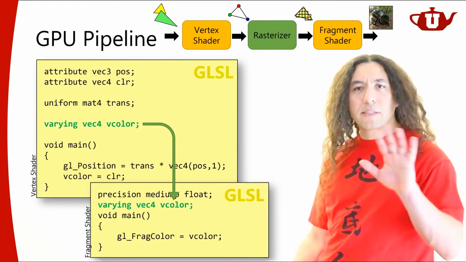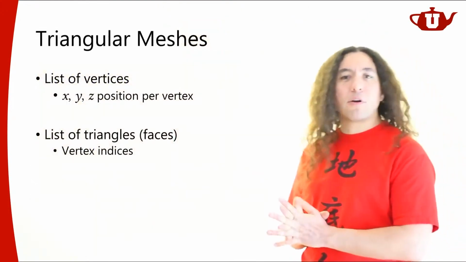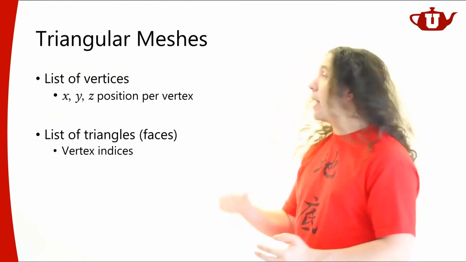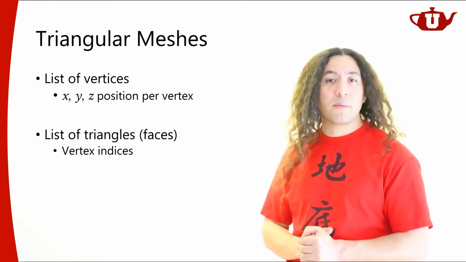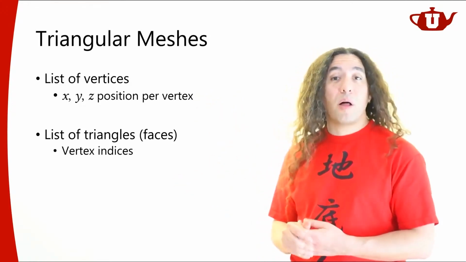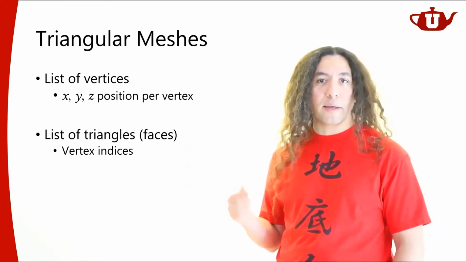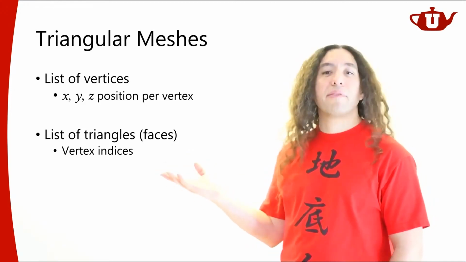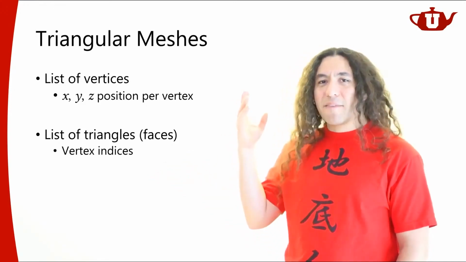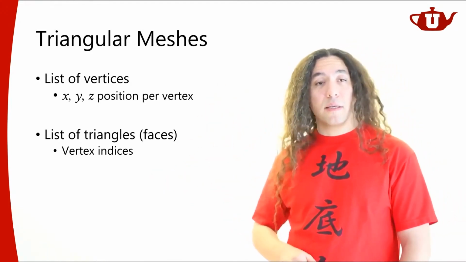But let's go back to triangular meshes. So remember we talked about how to store polygonal meshes, and we had a list of vertices and a list of faces, list of polygons. For a triangular mesh, that's going to be a list of triangles. So our faces are triangles, and each triangle will have 3 vertex indices. Obviously, right? So this is a very typical way of representing triangular meshes.